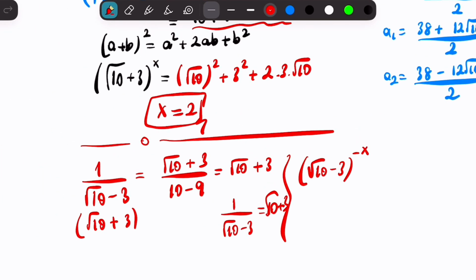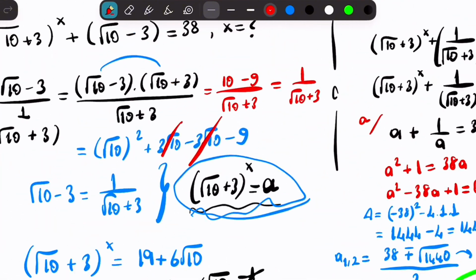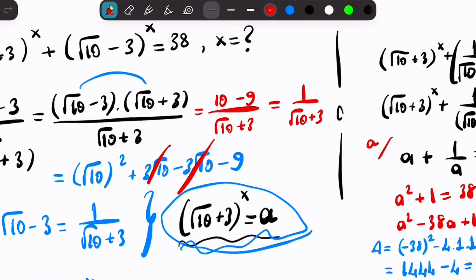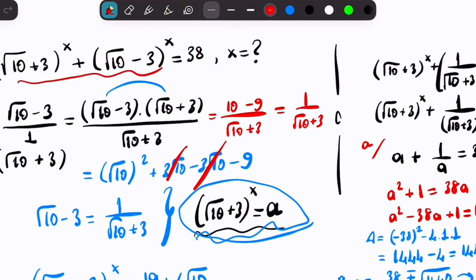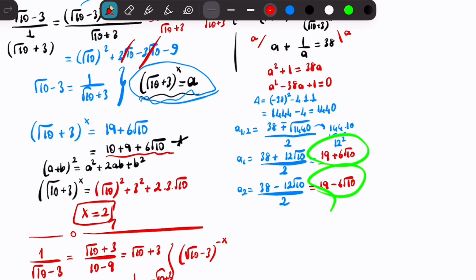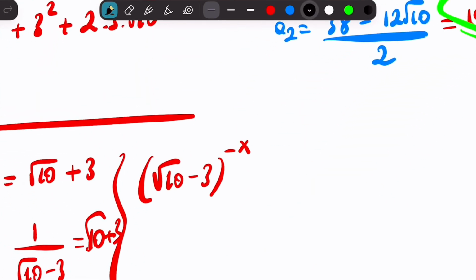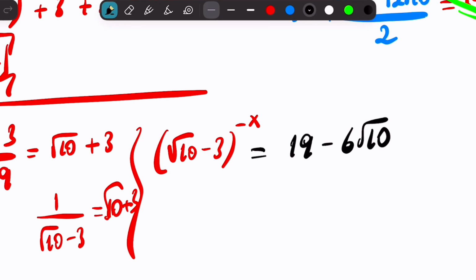So in this part of the question given at the beginning, friends, this expression had to be multiplied by the minus of this. If we continue from here now, what will come before us from here? If I continue, I'm equating 19 minus 6 times root 10. This statement, I use the same tactic again: 10 plus 9 minus 6 times the square root of 10.